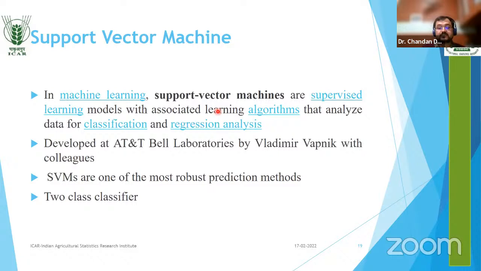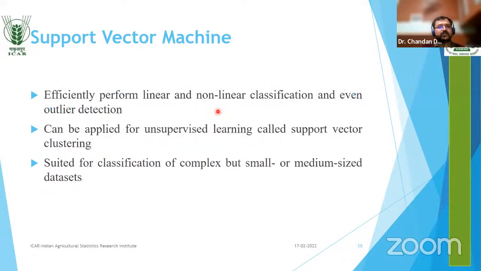But it became very robust in different problem solving situations. Initially it was a two-class classifier, then it became a multi-class classifier, and after that it started being used in clustering. So gradually its power increased day by day.